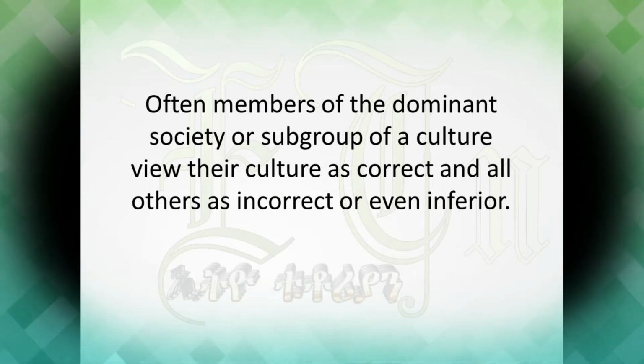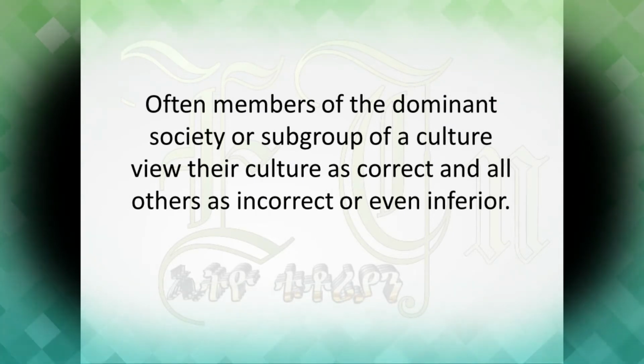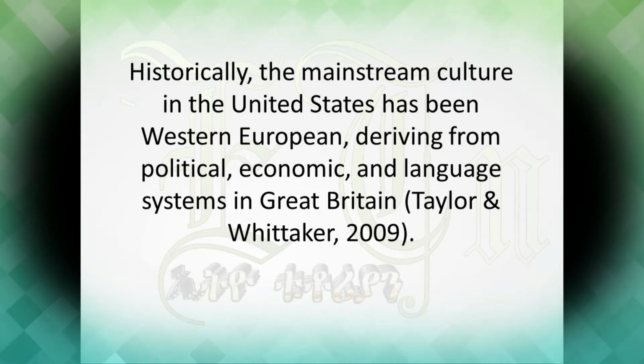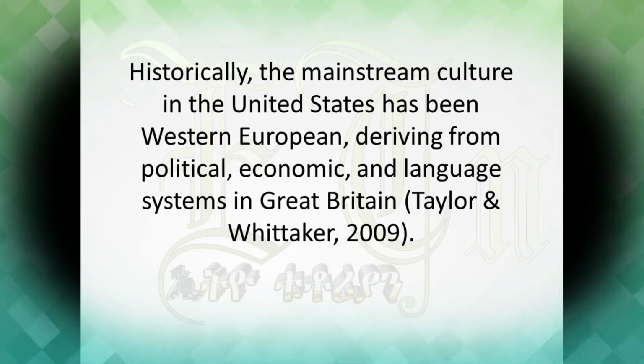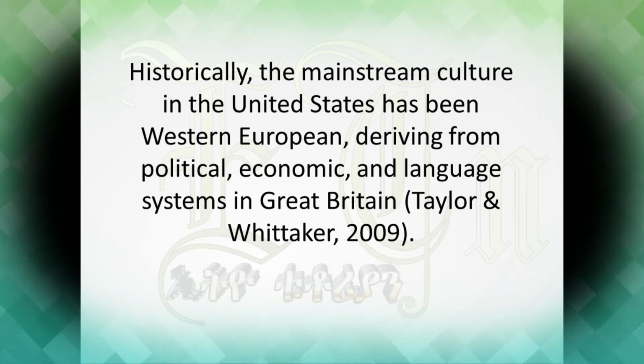Often members of the dominant society or subgroup of a culture view their culture as correct and all others as incorrect or even inferior. Historically, the mainstream culture in the United States has been Western European, deriving from political, economic, and language systems in Great Britain.